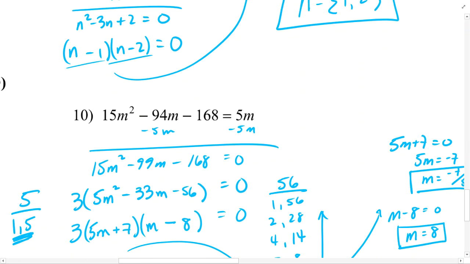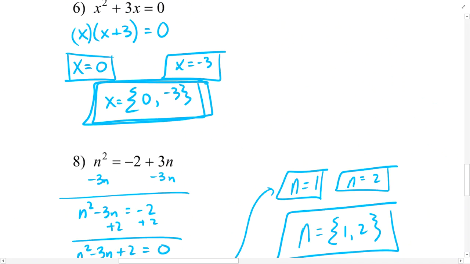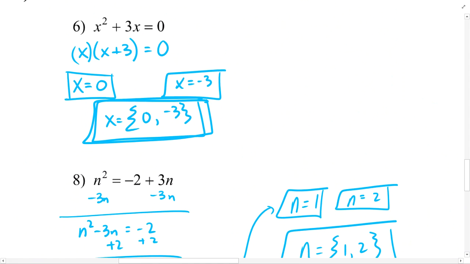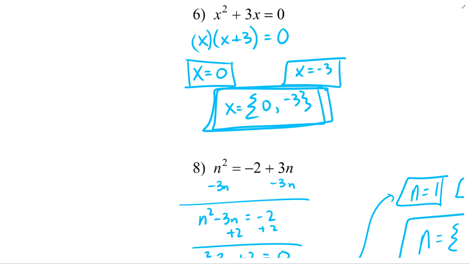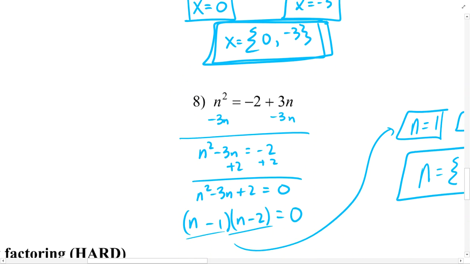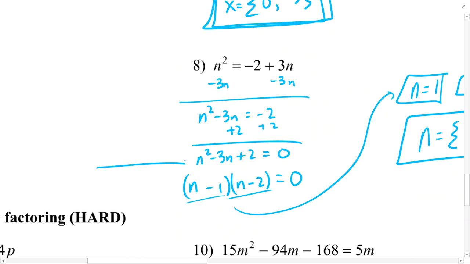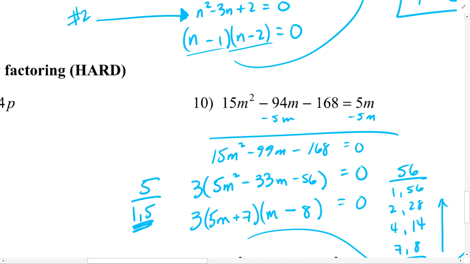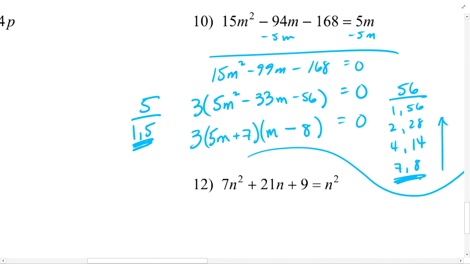On the other hand, in problems like 6, 7, 8, 5, I did have to combine like terms and move everything to one side of the equation. So I did a couple steps trying to complete step number 1, and this is where I'm at after that step is complete. I have all terms combined and they're on the same side of the equation. Same thing over here.